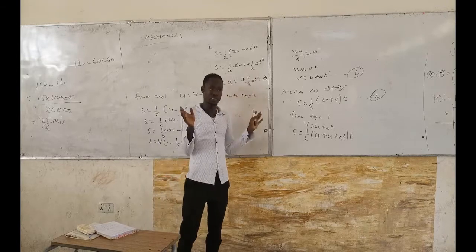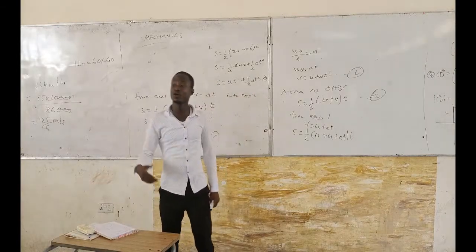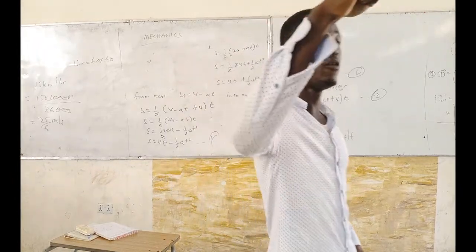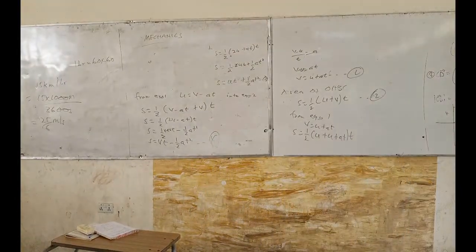It all depends on the question. When we begin to solve the question, the formula will come by itself. The information you have been given will call for the formula. So these are just manipulations.